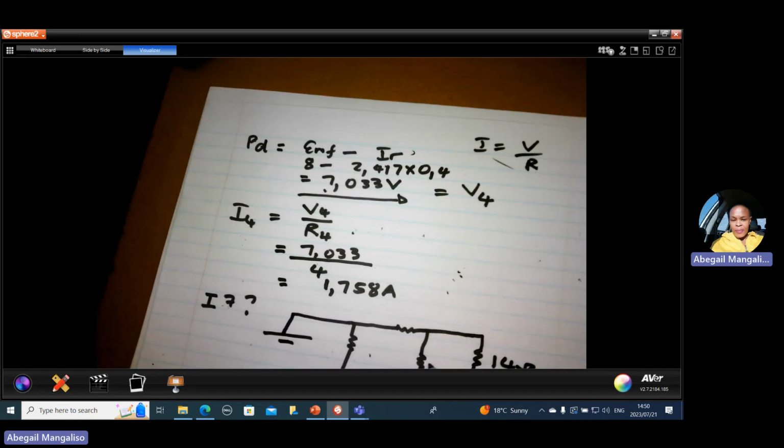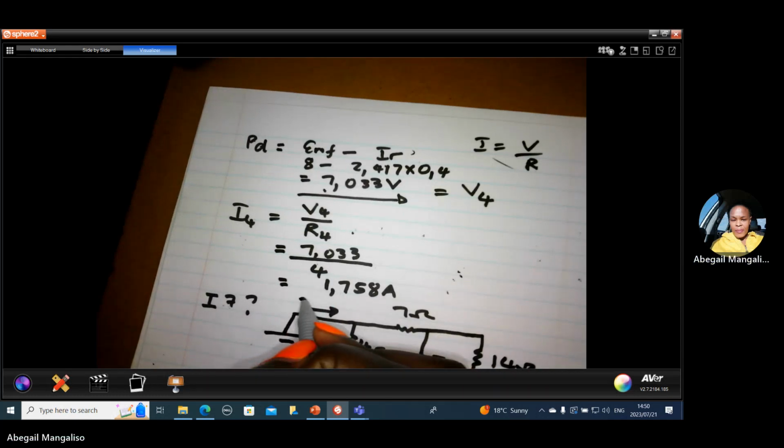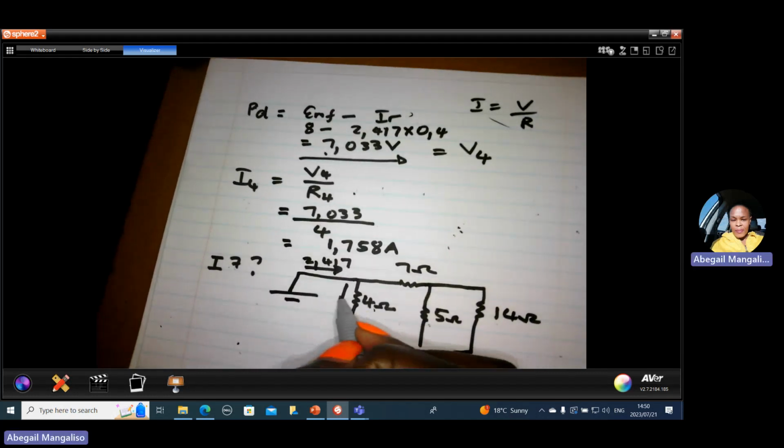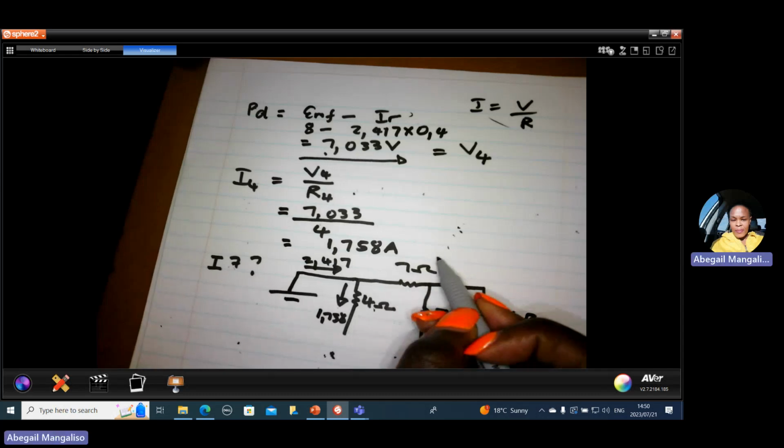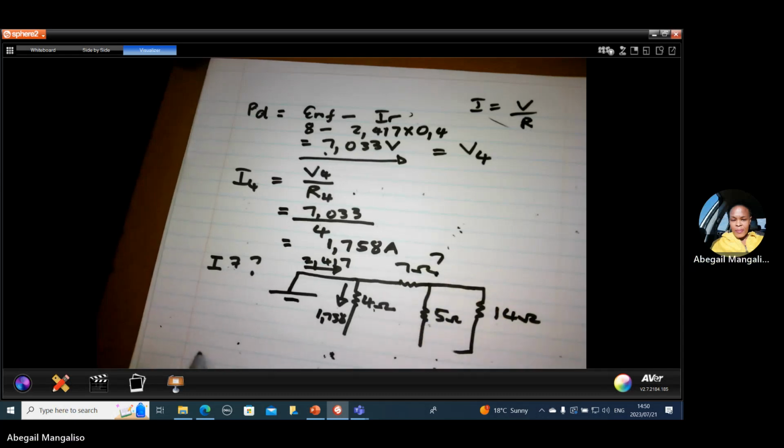When you add the 8 and 6, this is 5 ohm, this is 7 ohm, this is 4 ohms. So IT is 2.417. And this IT splits into I4, which is 1.758.